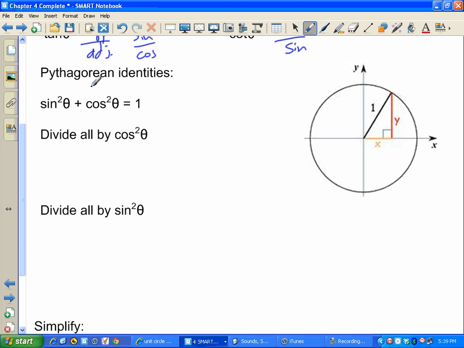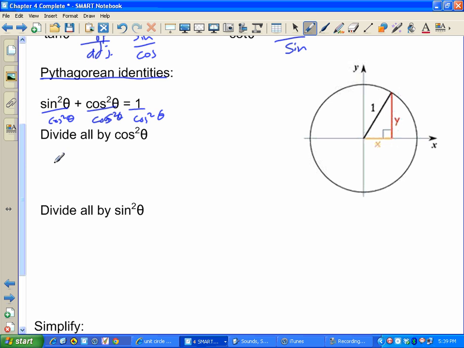So this just comes from the Pythagorean theorem, so that's why it's a Pythagorean identity. If we divide everything by cosine squared, I get a new Pythagorean identity.